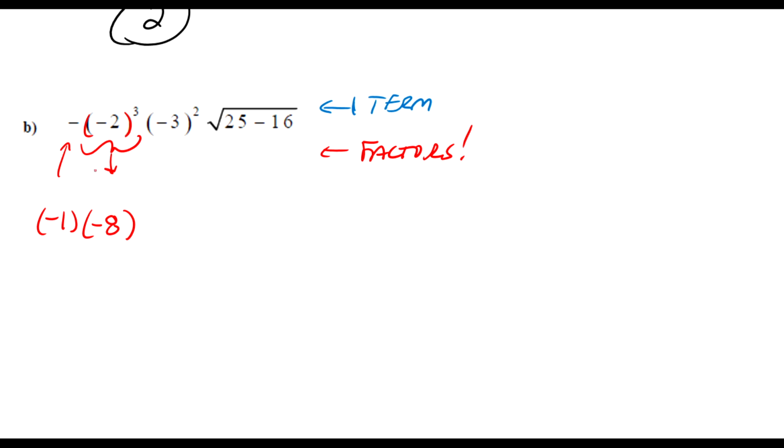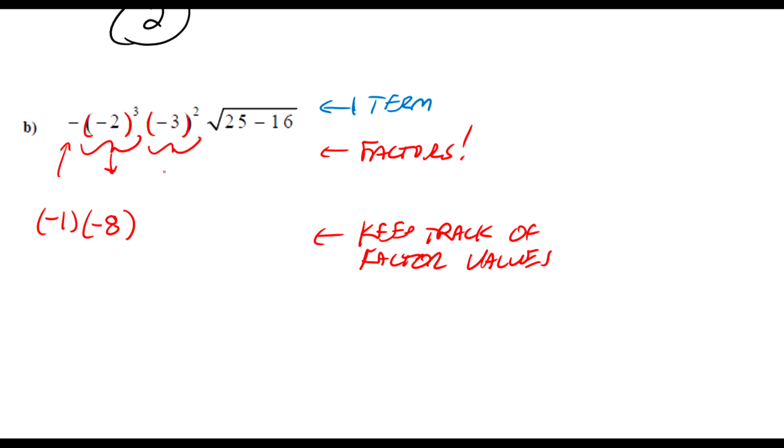So if we want to evaluate that, what I care about is to keep track of factor values. But again, these are all factors, so I'm using parentheses to keep track of those factor values. So the parentheses here are signifying another factor. So I need to keep track of that factor value.